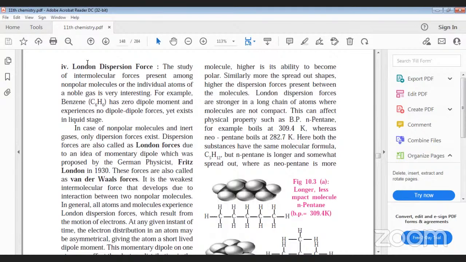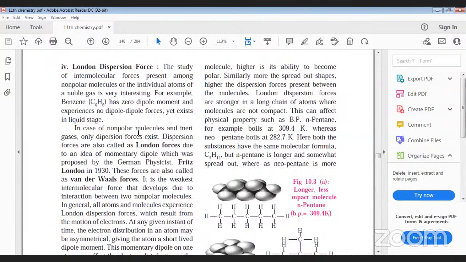So, if you want to create a polarity in non-polar molecules or noble gases, let's see, it is very interesting. What we have studied is that benzene does not have a dipole moment. Its dipole moment is totally zero. So there are no dipole-dipole forces between benzene molecules.